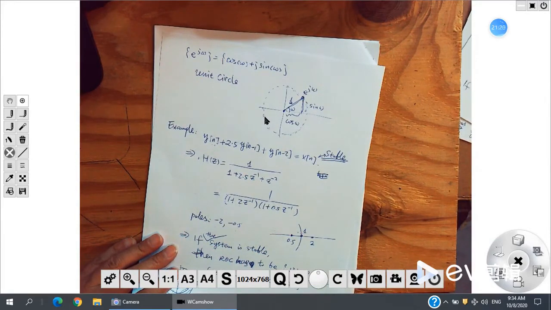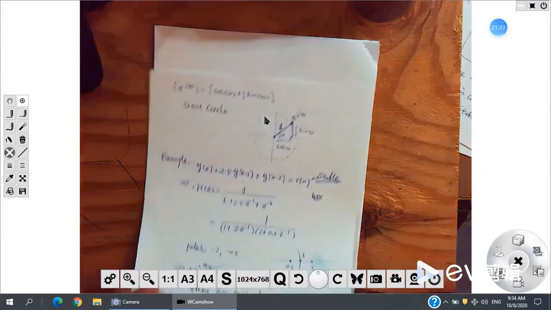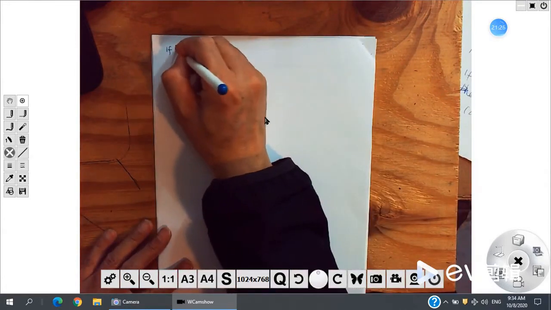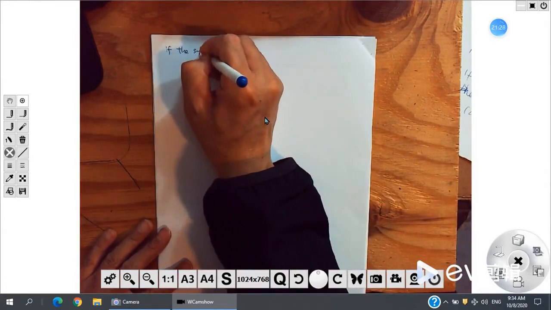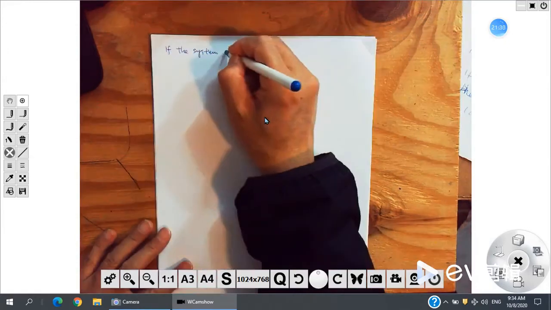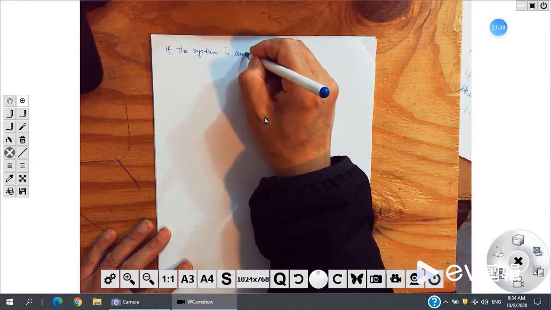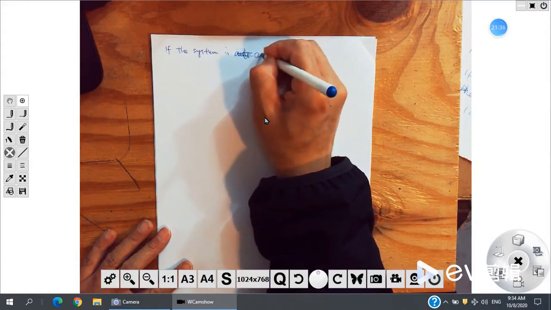The ROC is causal, stable, and we also have a third case, if the system is anti-causal.